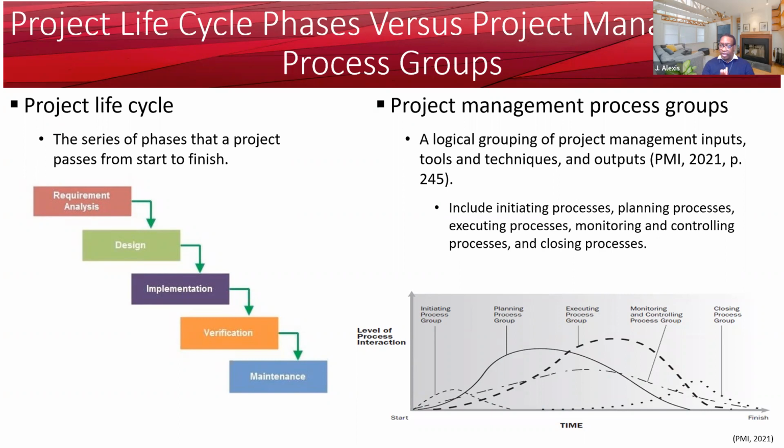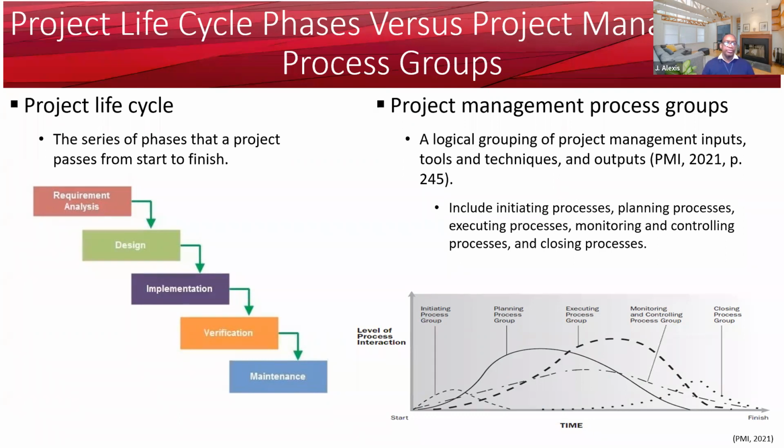Initiating processes, planning processes, executing processes, monitoring and controlling processes, and closing processes are what you see on my screen. They are processes, not life cycle phases. For example, monitoring and controlling is not a life cycle phase. It's just a process group.